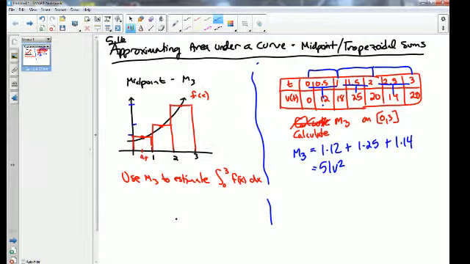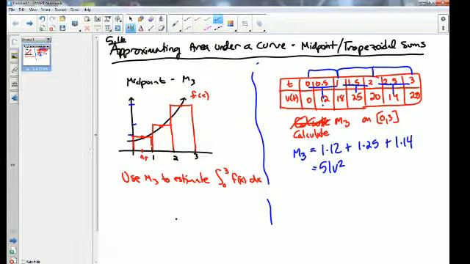Let's look at trapezoid. Mr. Arthur, you know how yesterday you showed us that if the distance value was the same for all of them, then you can just add together the widths?